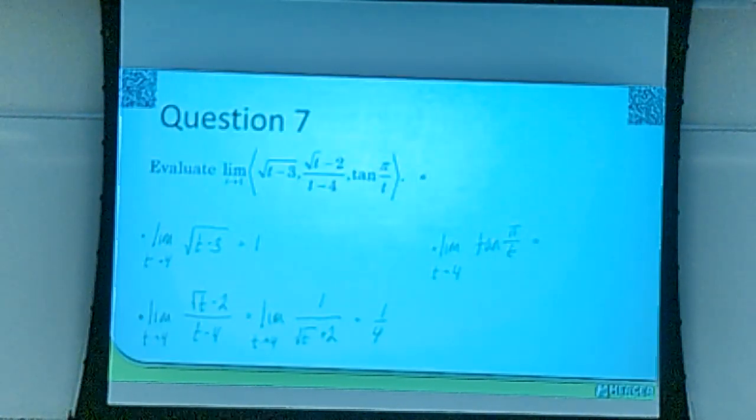Or, sorry, tangent of pi over t is continuous at 4. In fact, its only point of discontinuity would be at 0. There's your limit. Good.